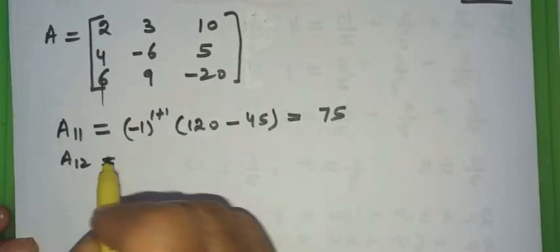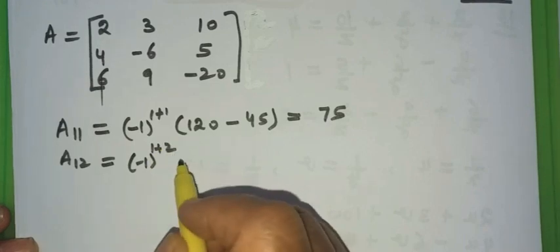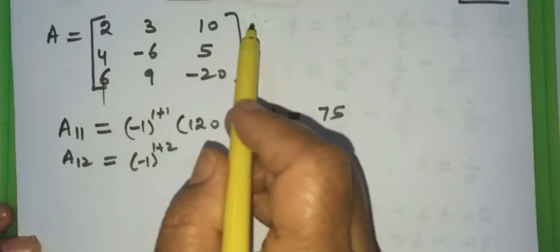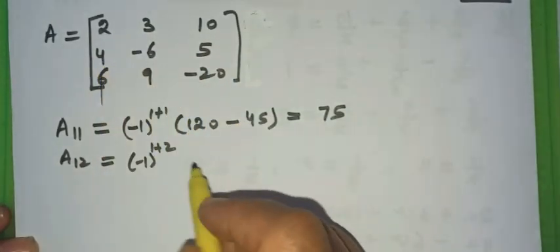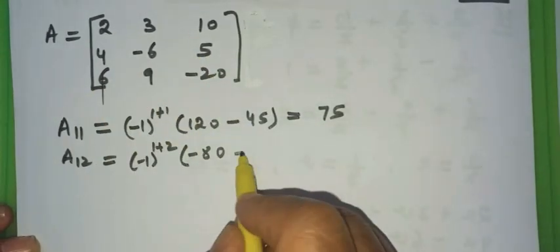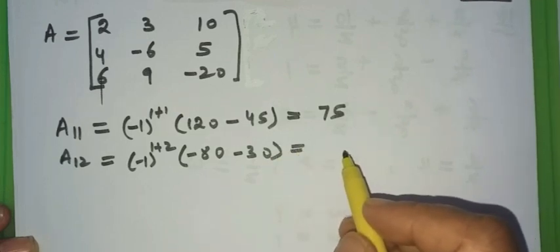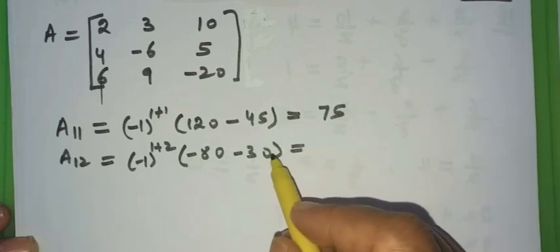Then we find the minor of the second element, so minus 1 raised to the power 1 plus 2 into, neglecting the row and the column, minor: minus 20 into 4 is minus 80, minus 6 into 5 is 30, and that comes out to be minus 110.